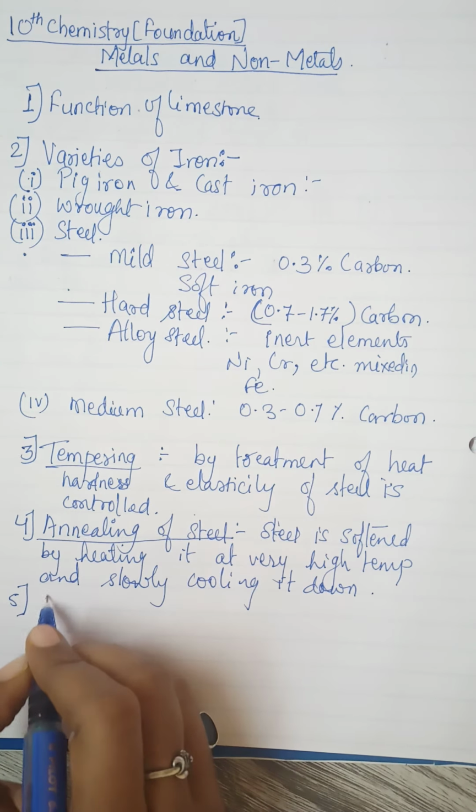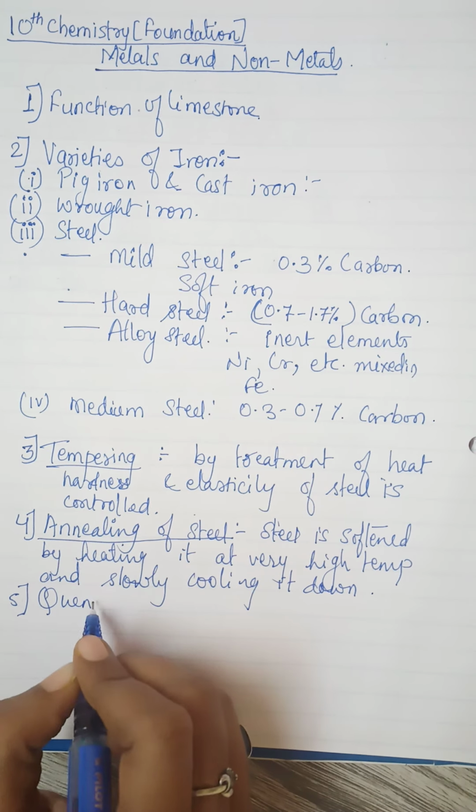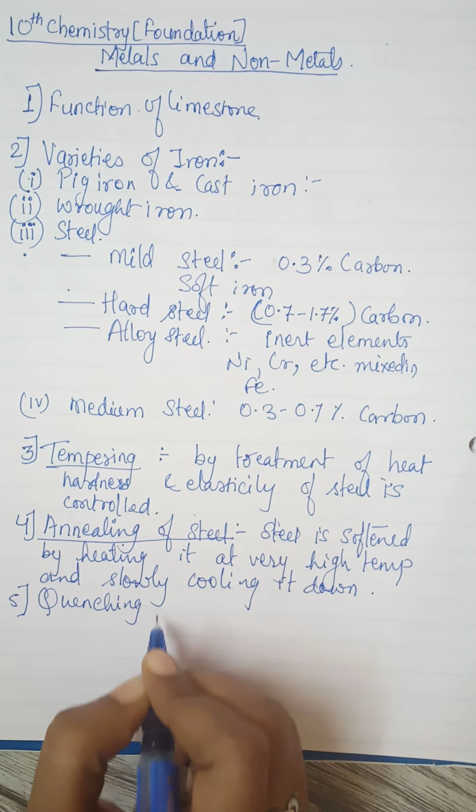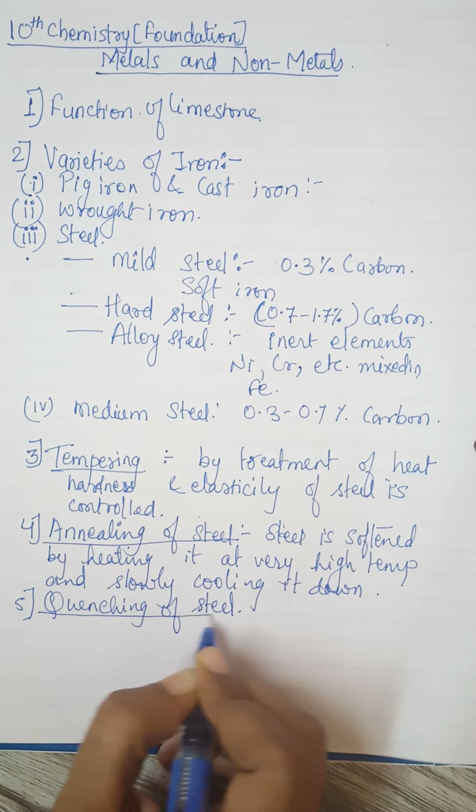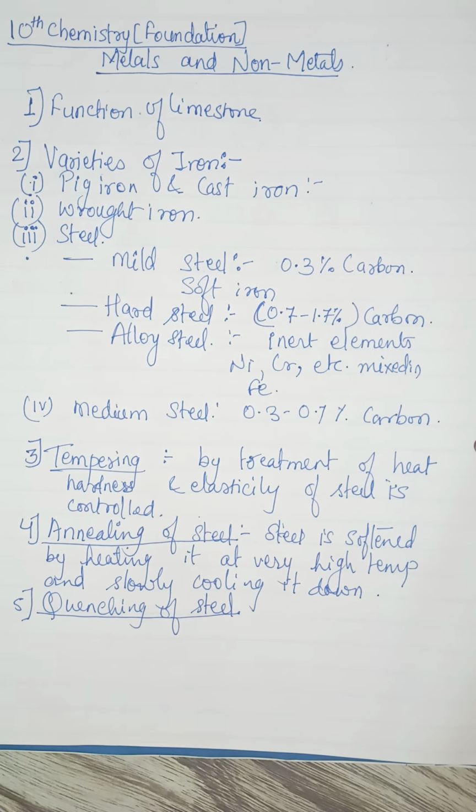Now the last process for today I'll be showing you is quenching of steel. So what is quenching of steel? Hard steel is heated to a high temperature, and then it is suddenly cooled by plunging into oil or water. So basically इसमें sudden cooling है.